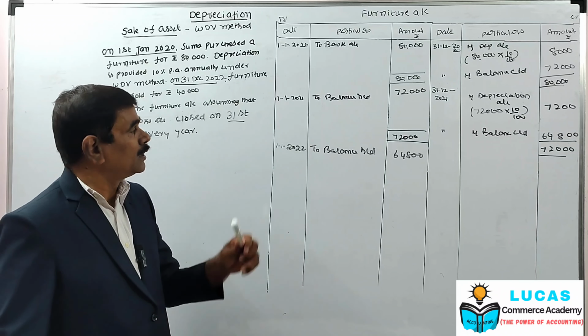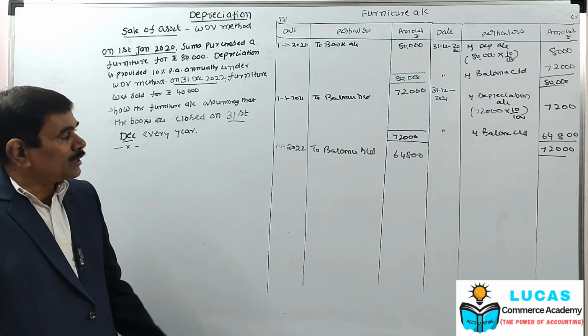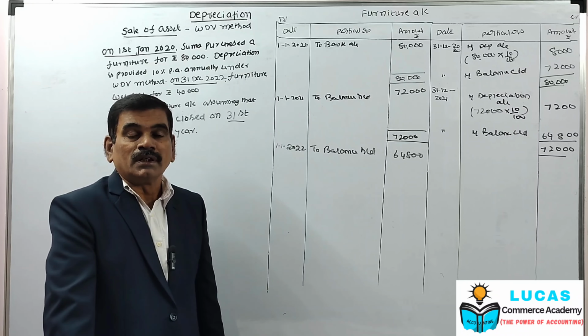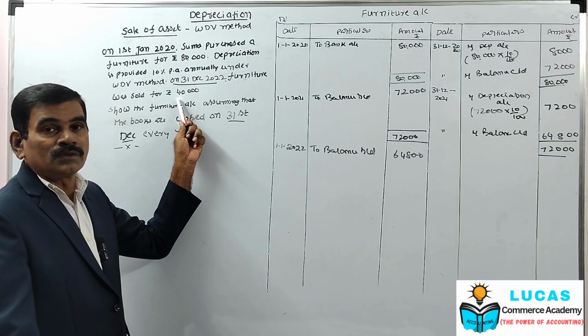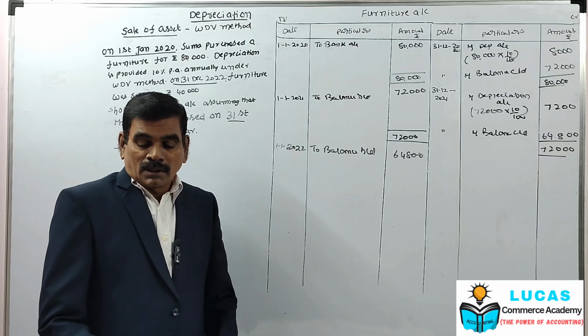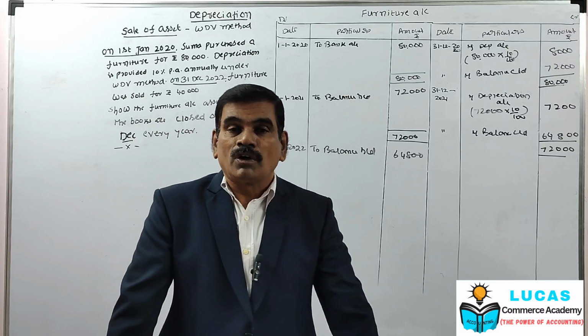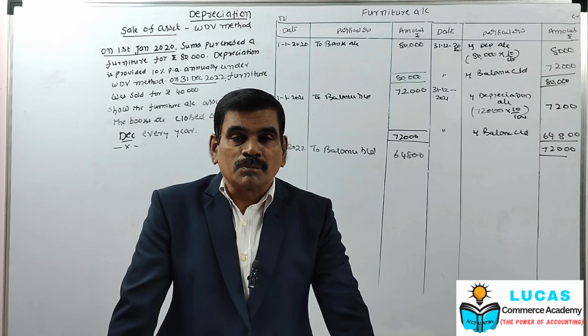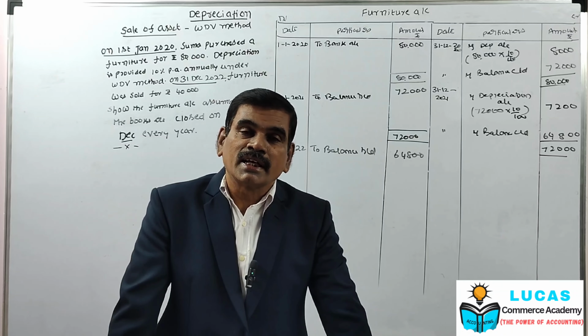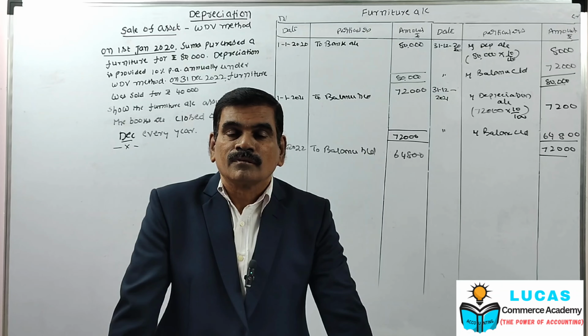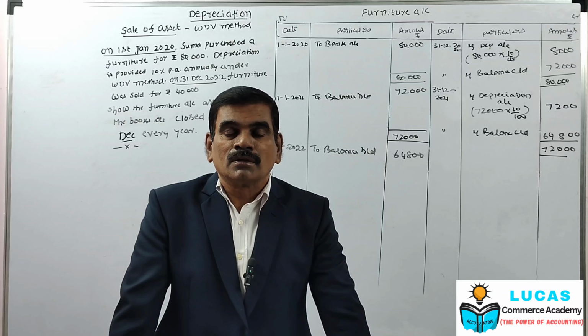But what is the speciality of 2022? In this year, the asset has been sold for rupees 40,000. In the year of sale, we should follow three steps, in the same manner as in the case of the fixed installment method.